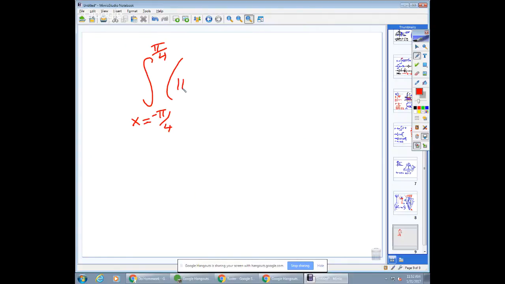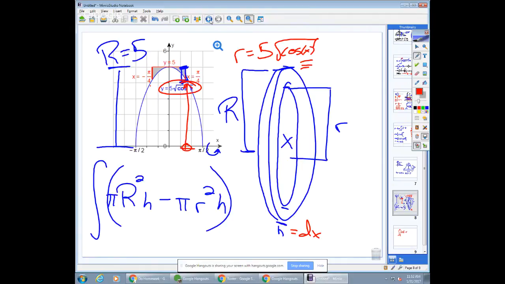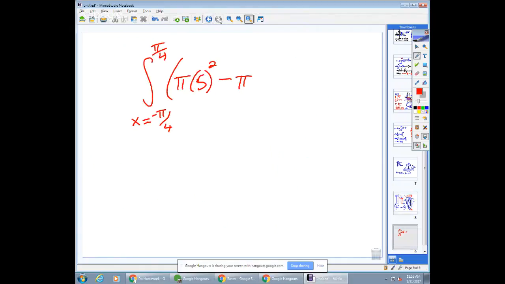So I'll have pi times 5 squared minus pi times little r squared, and little r was 5 times the square root of cosine of x, all squared, close the integrand, and then dx. So the hardest part is the setup, but we just set up the washers for this one. I'll review this one next class if you have any trouble in the homework tonight.